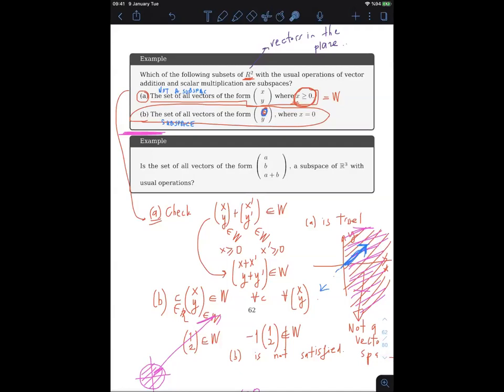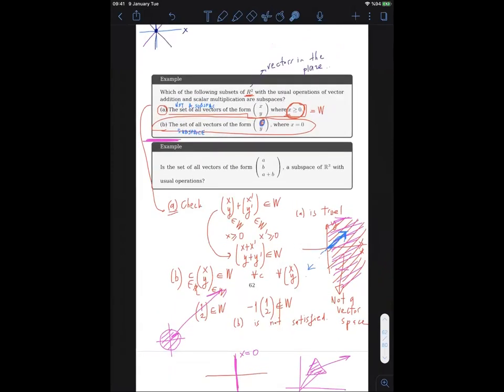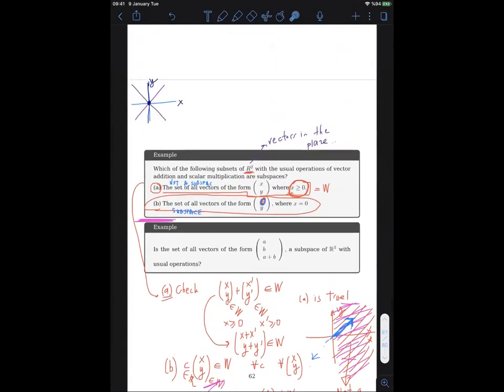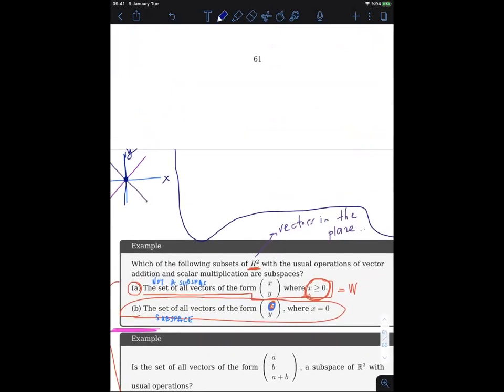Do you think the answer is yes or no? Yes, some people are claiming the answer is yes. So let's check it. How do we check it?